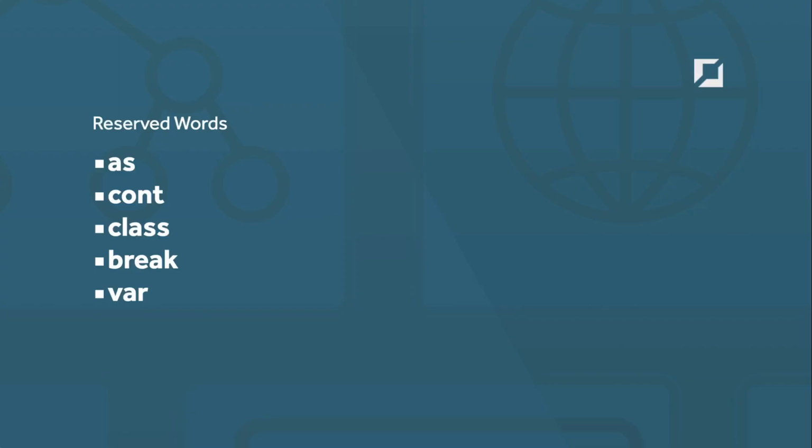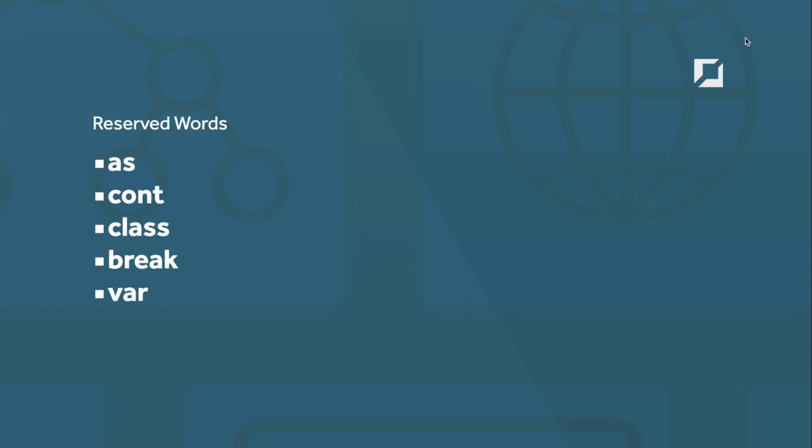So we do have to be careful when we're creating variable names or identifiers, because there are some reserved words. These words are utilized by JavaScript to perform operations or to do some sort of task. So these are built-in words that we can't use for variable names.